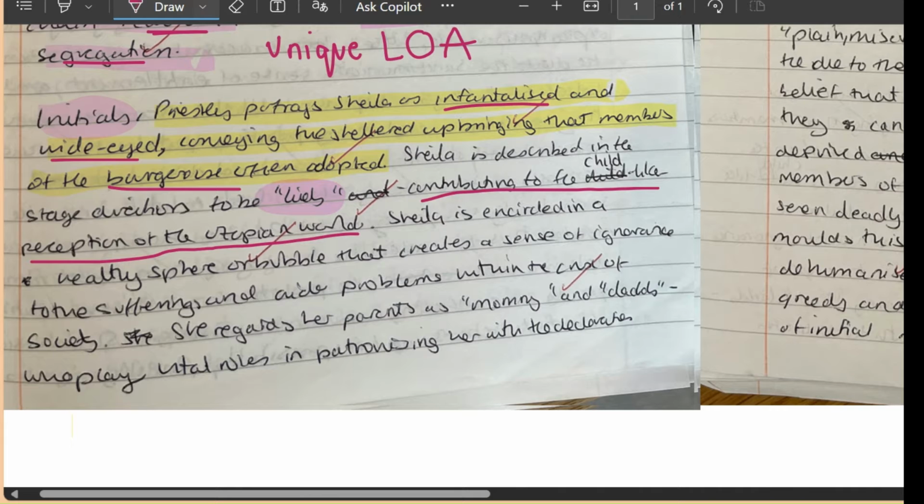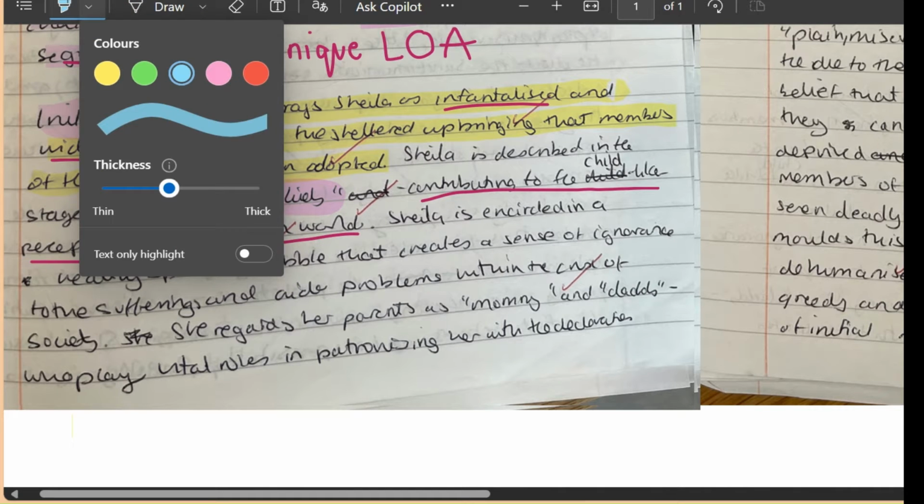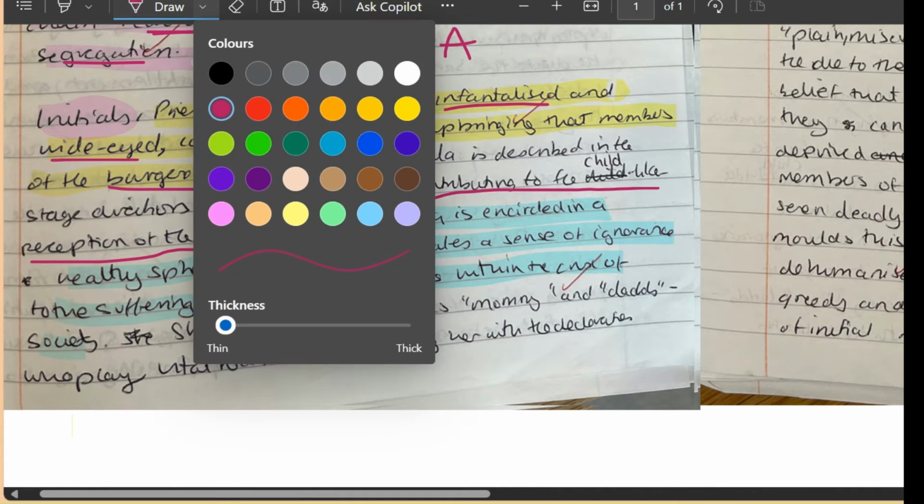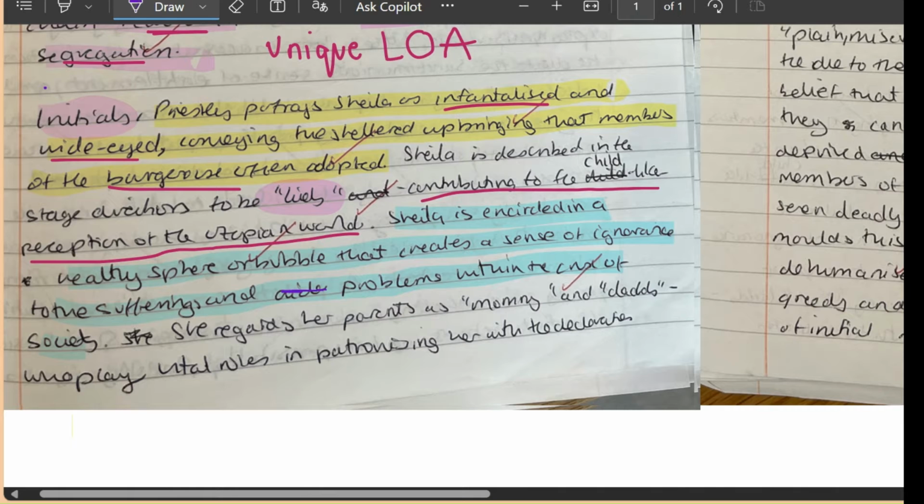Then I said, Sheila is encircled in a wealthy sphere or bubble that creates a sense of ignorance to the suffering and problems within the crux of society. I believe that should say and shows or highlights. So, and shows the problems within the crux of society.